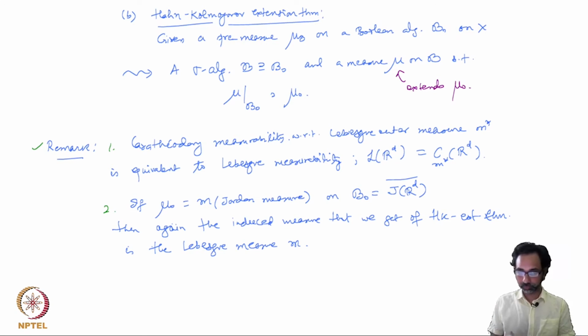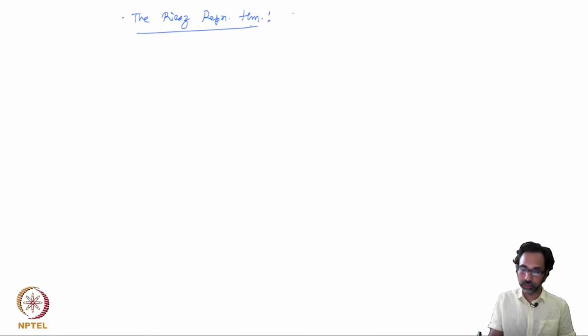So now, where the Riesz representation theorem fits in this scheme is the following.